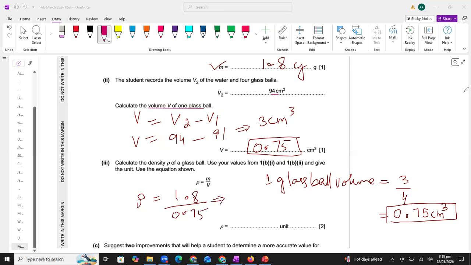After dividing, we will get the answer 2.4. 2.4 is the density. And what is the unit, student? Because we have taken the mass in gram and volume in centimeter cube, the density is gram per centimeter cube. So density of this glass ball is 2.4 gram per centimeter cube.